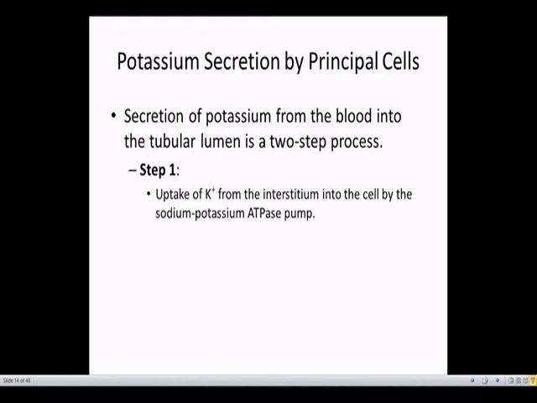Secretion of potassium from the blood into the tubular lumen is a two-step process. Step 1. Uptake of potassium from the interstitium into the cells by the sodium potassium ATPase pump.